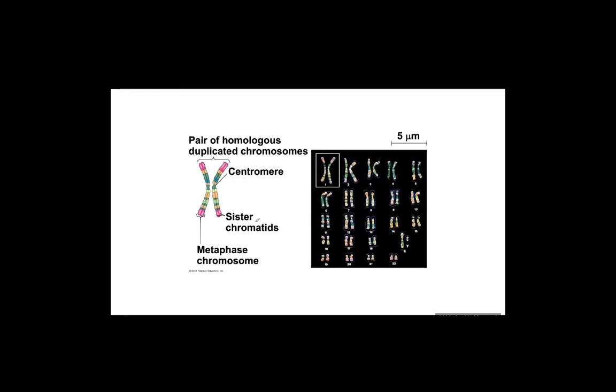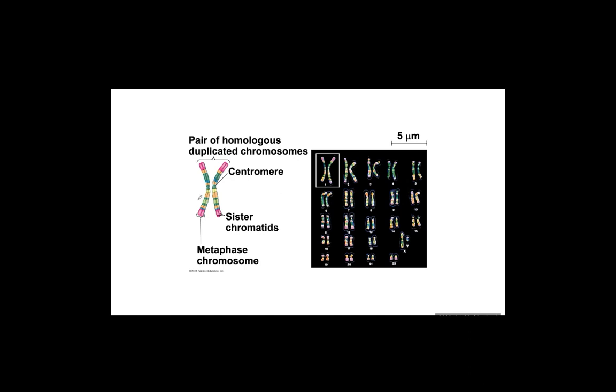Let's study a little bit of review. Pair of homologous duplicated chromosomes. Meiosis operates a little bit differently from mitosis, but they also share some commonality in some aspects. So for meiosis, chromosomes also need to duplicate.